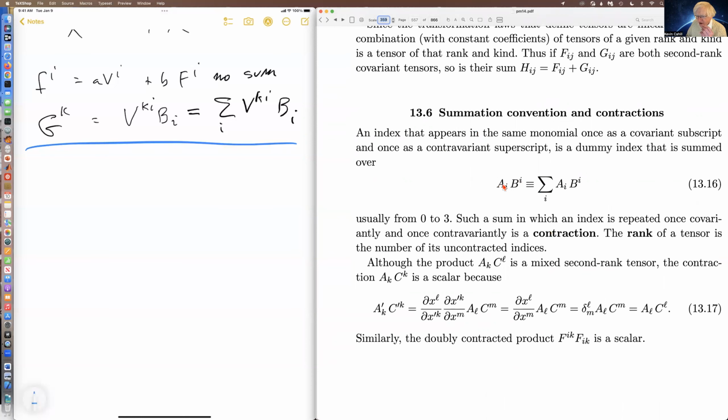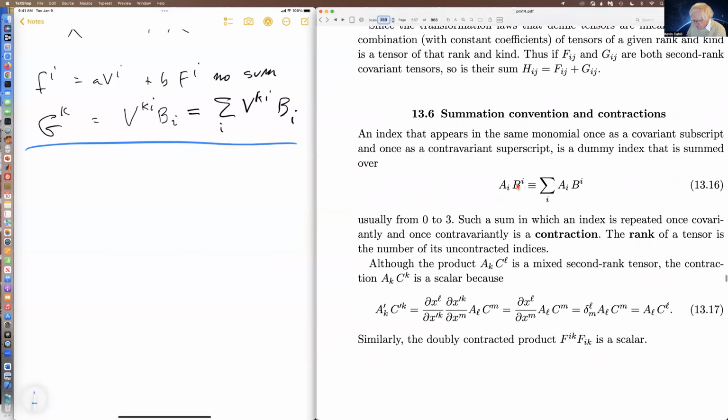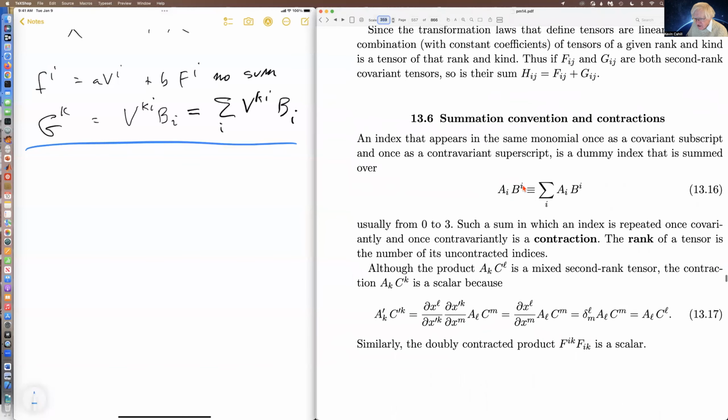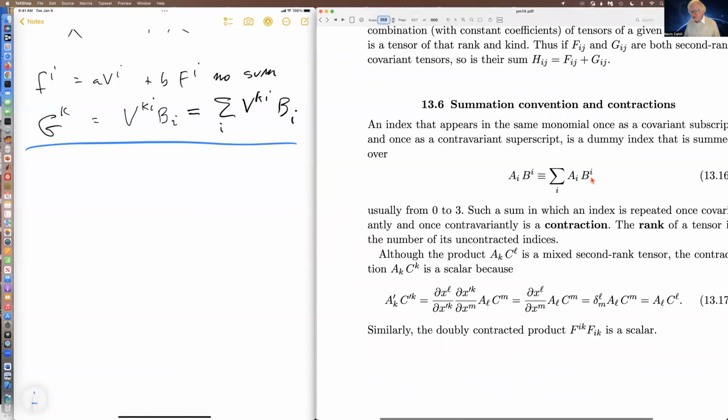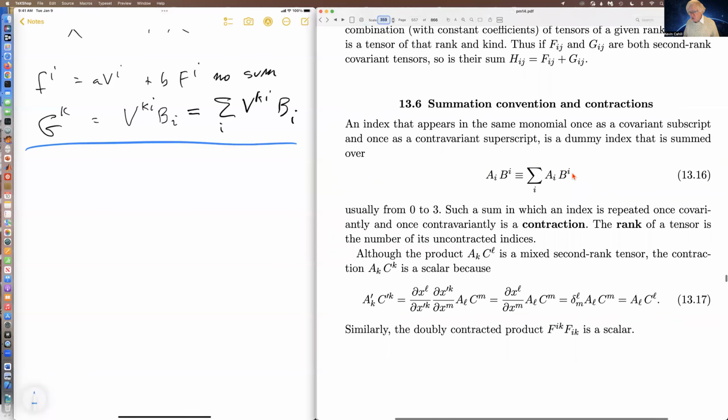You have a covariant vector multiplying a contravariant vector, and you set the indices equal and sum from 0 to 3, or whatever the range of indices is, then you get something that's a scalar. So in other words, this thing, in effect, has no index, because under a general coordinate transformation, this does not change at all.